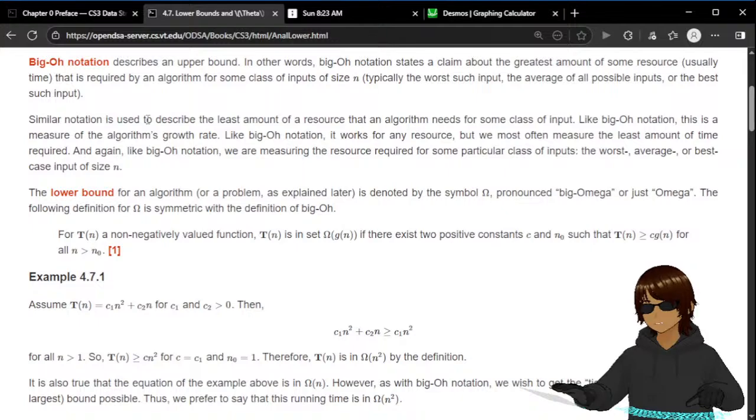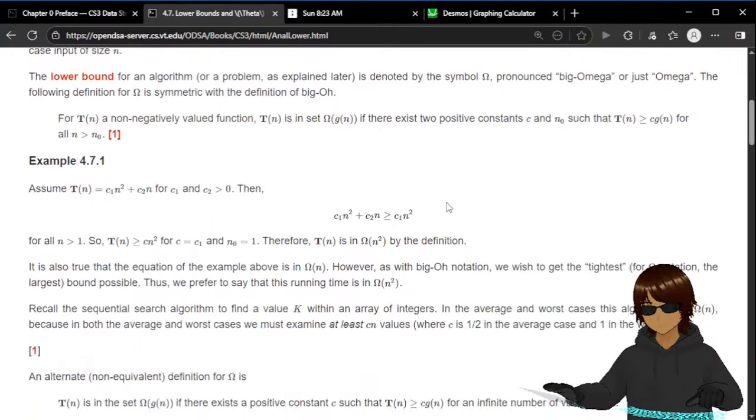Similar notation is used to describe the least amount of a resource that an algorithm needs for some class of input. Like big O notation, this is a measure of the algorithm's growth rate. Like big O, it works for any resource, but we must often measure the least amount of time required. And again, like big O, we are measuring the resource required for a particular class of inputs: the worst, average, or best. The lower bound for an algorithm is denoted by big omega.